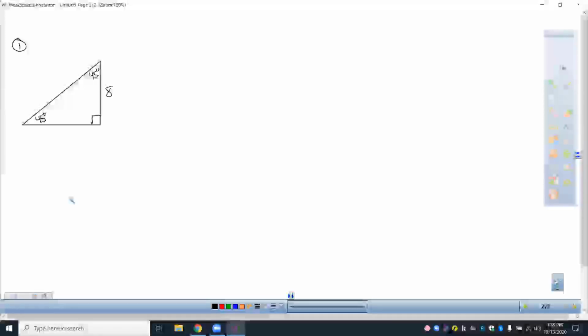All right, so if we have this 45, 45, 90 right triangle, and I tell you that this one side here is 8, what side is that? It's a leg. So if I'm finding the rest of the sides, how would I do that? Okay, so this would be 8 square root of 2? Yep, so that would be the hypotenuse. What about this leg here? It's also 8. So simple enough for that one.